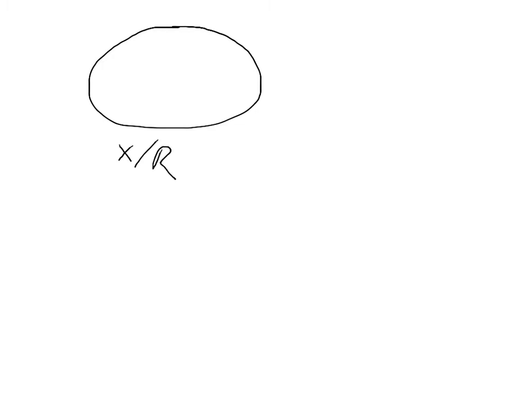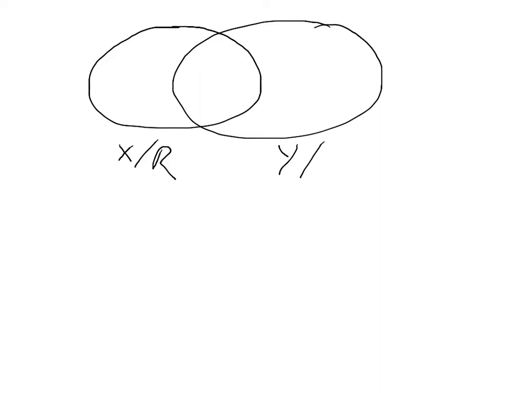So imagine that the equivalence classes look sort of like this. Imagine this is the equivalence class of X, and say this is the equivalence class of Y. And we're assuming that there's something in the intersection. So there's something in there, call it Z. Okay. So what does that mean?